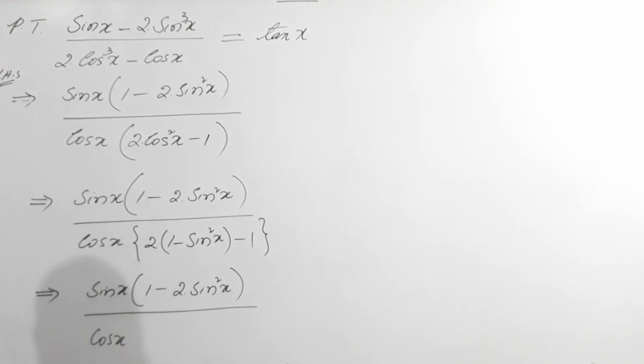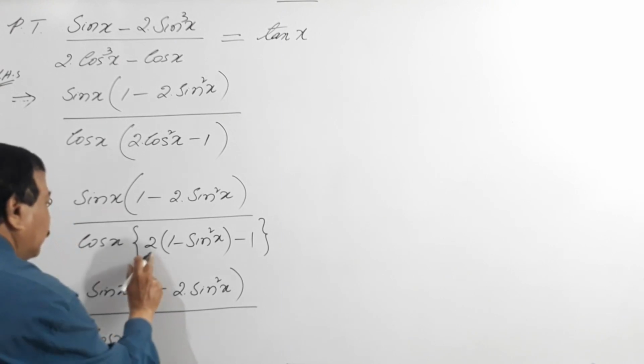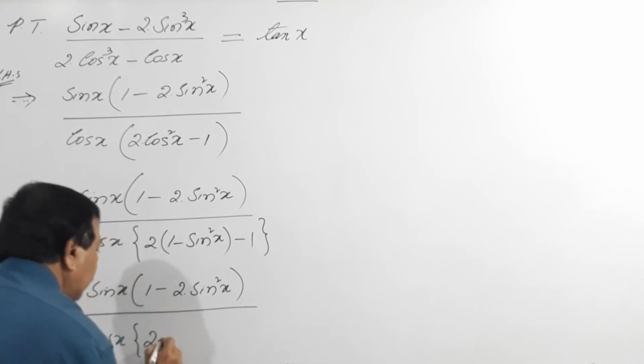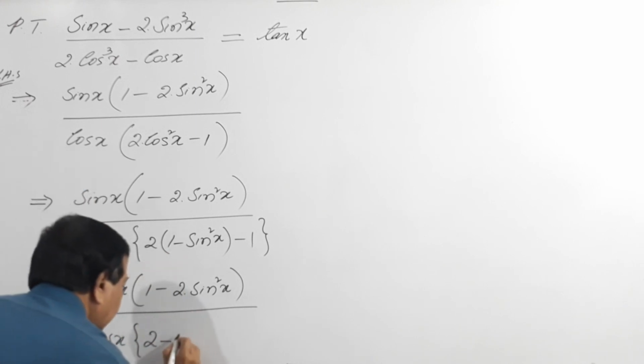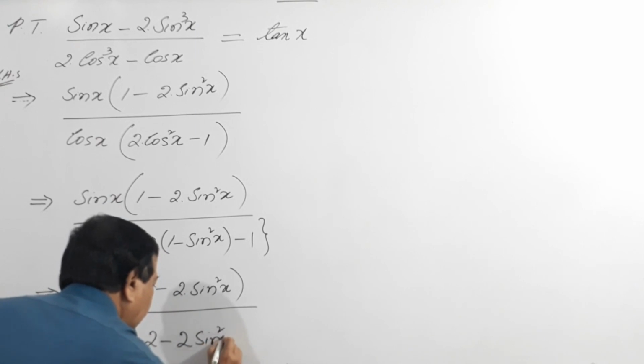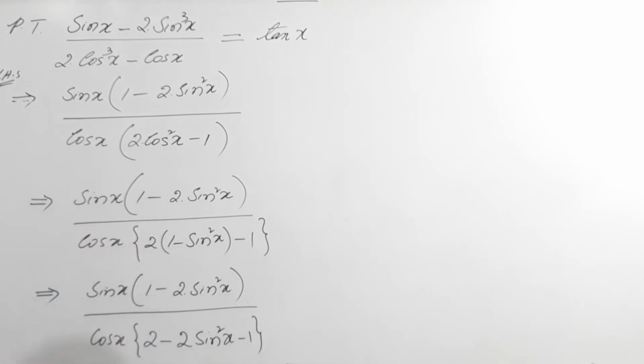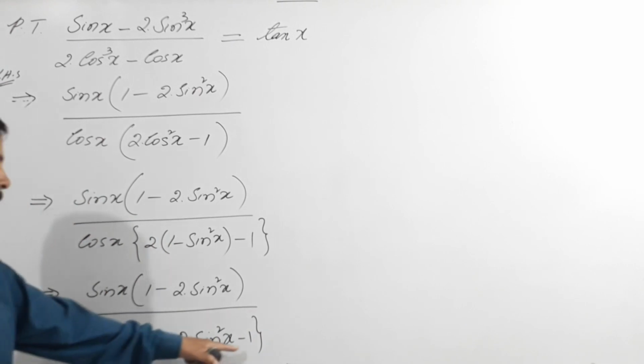I multiply this. So the two ones are, this will be 2 minus 2 sin square x minus 1. Done. So 2 minus 1 is 1.